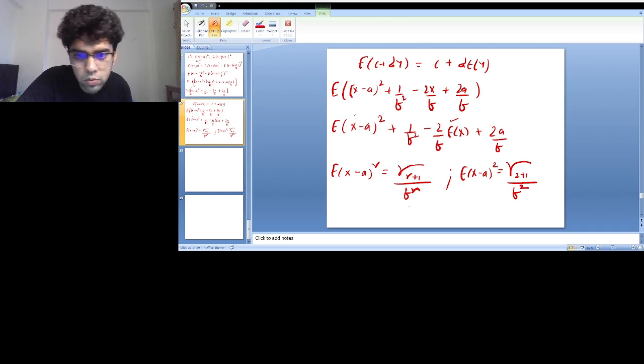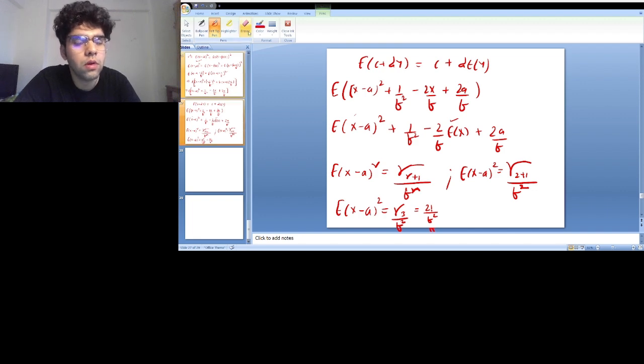b to the power 2, right? This makes E[(X minus a) whole squared] as gamma 3 upon b squared. Gamma 3 is 3 minus 1 factorial, which is 2 factorial, so 2 factorial upon b squared. 2 factorial is equal to 2, so it is 2 upon b squared.